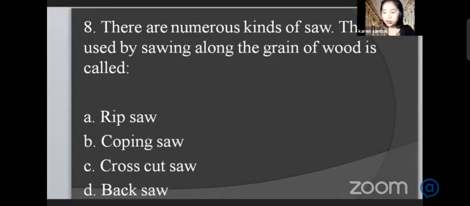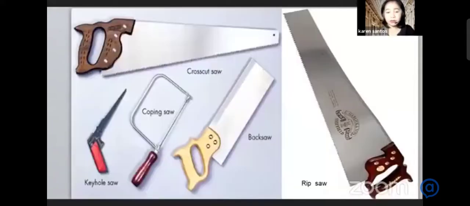Okay, so very good. You almost got the correct answer. So it's letter A. So again, sabi ko nga, we have a different kind of saw. So some of you nalilito kung ano ba yung pinagkakaiba-iba ng mga saw natin. So when we say cupping saw, it is used to cut external shape and interior cuts. Ayan. Ito yung example picture of cupping saw.